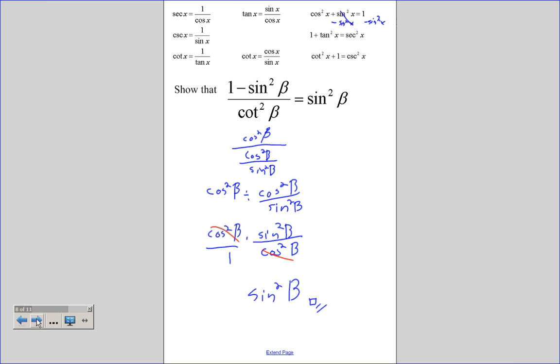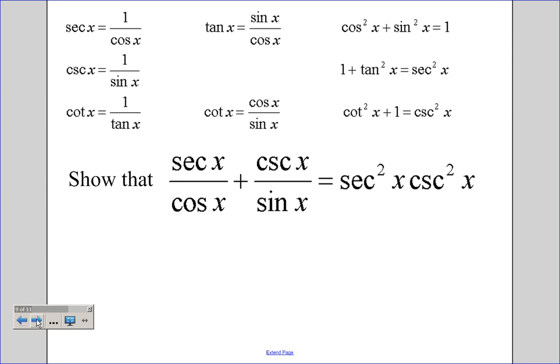All right. Now pause this one, see how you can do. Now there are many different methods of doing this. I think I would like to simplify both sides first and then combine it. So secant is 1 over cosine of x.